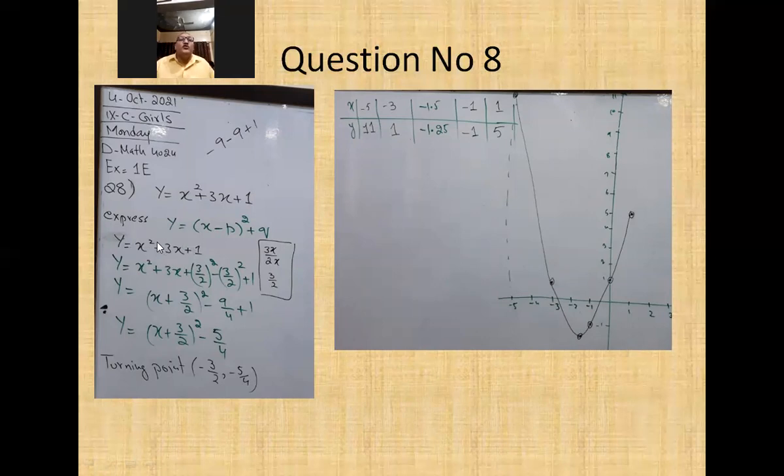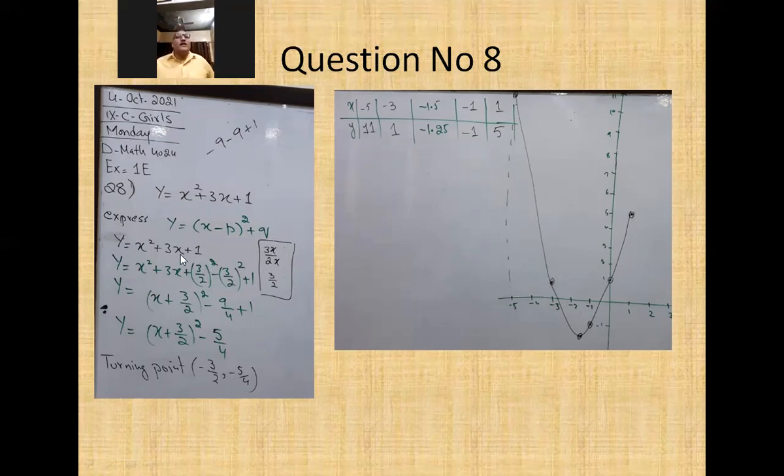You take the term which has x, 3x, in your rough work and divide it by 2x. Whatever answer you get, you take its square, add it, and subtract it. So in my rough work, I've written 3x divided by 2x, that gives you 3 by 2. So I will square the 3 by 2 and add it and subtract it.